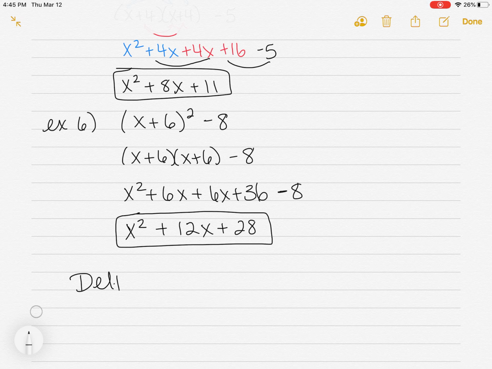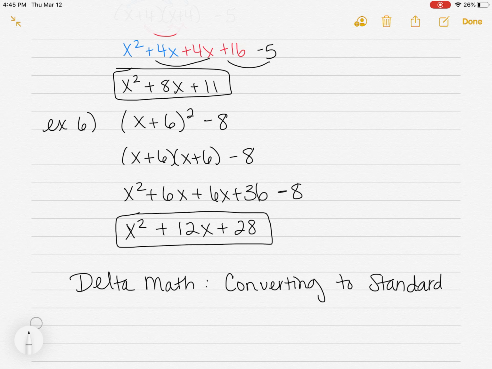Right. You have a Delta math assignment that is going to be converting to standard form. Right.